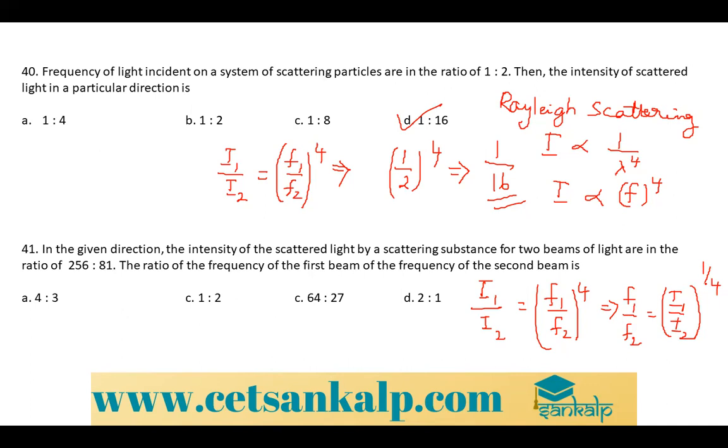Okay, so now F1 by F2 is equal to 256 divided by 81 whole to the power 1 by 4.